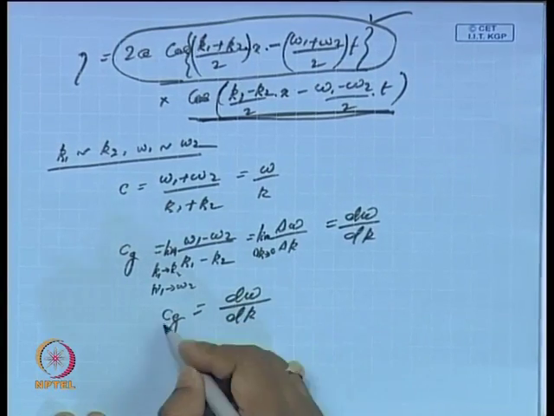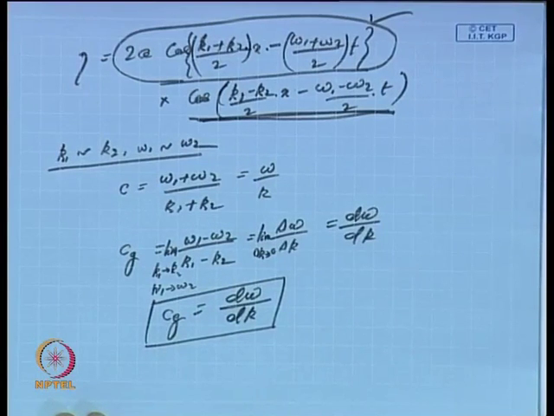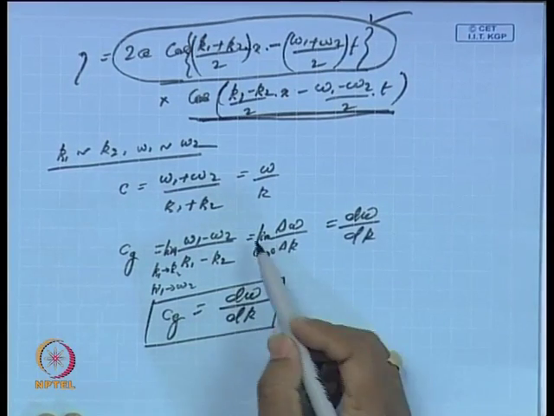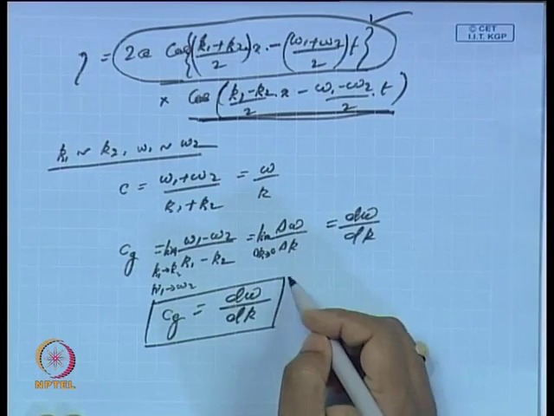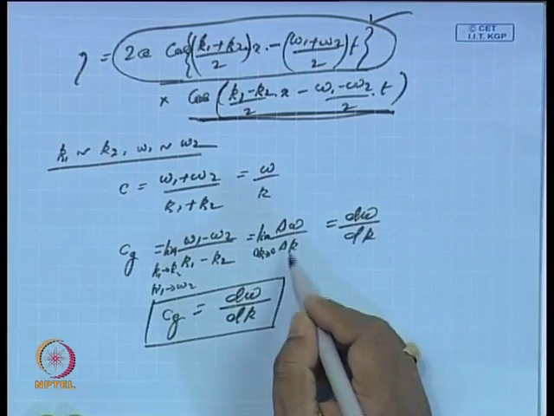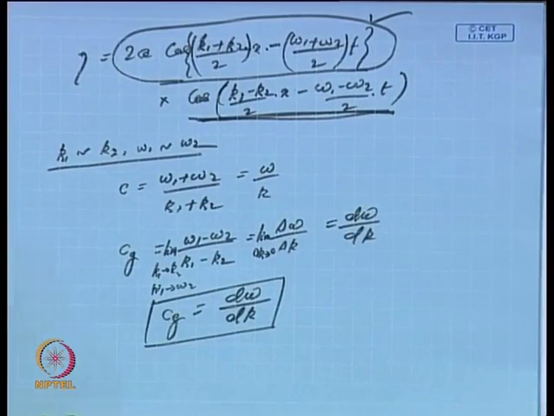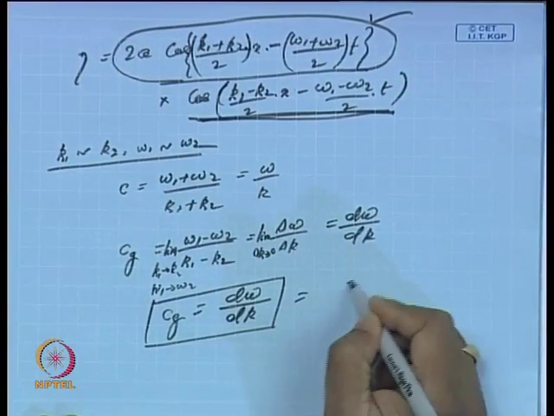Omega is the frequency of the waves, so d omega by dk tells me the rate at which waves of similar nature propagate. That means it gives the rate at which the wave energy propagates, and this I call the group velocity.